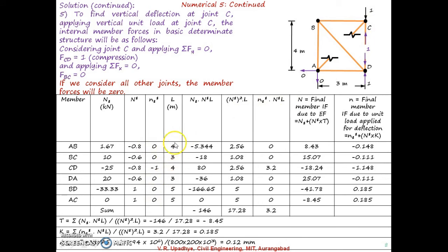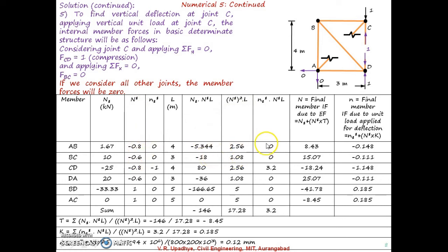Column 5 is the length, and then column 6 is N1 N dash L. That is the multiplication of column 2, column 3, and column 4. Then the next column is N1 square L, that is N1 N1 L, which is regarding column number 3.